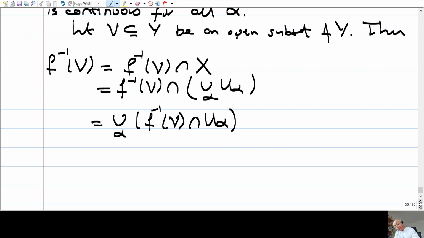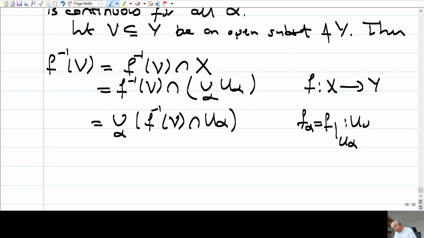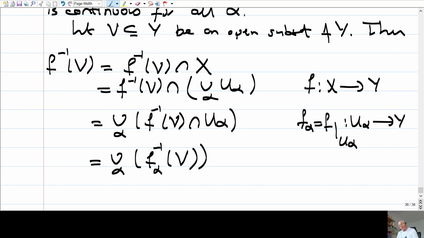Okay, but what is this? This is nothing but, you see, f is a function from x to y, and let me say f alpha is the restriction of f to u alpha. So this is a function from u alpha into y, given by the same rule, just the restriction of f to u alpha. Then this thing is nothing but f alpha inverse of v, okay? Why is that?